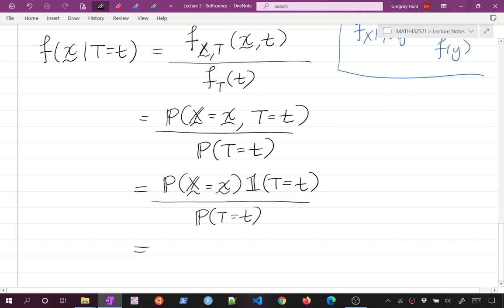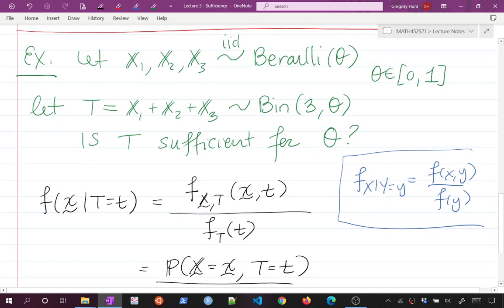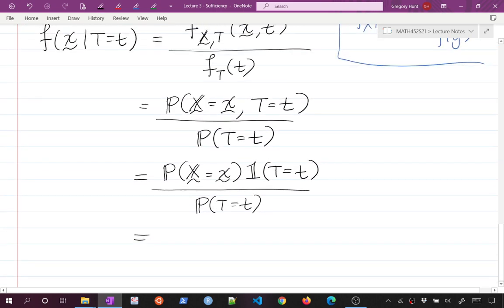Marginally these are Bernoulli. Let's just do an aside here. F of little x, everything's discrete, is the product of the marginals where n goes 1 to 3. And what's the Bernoulli distribution?